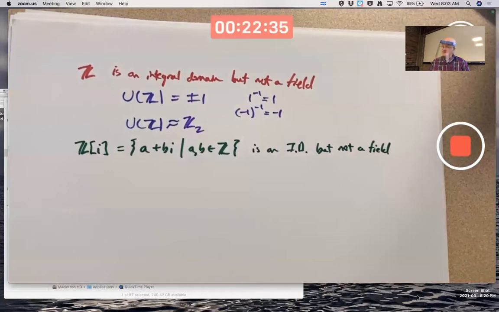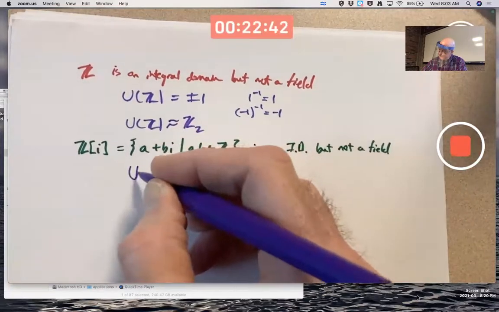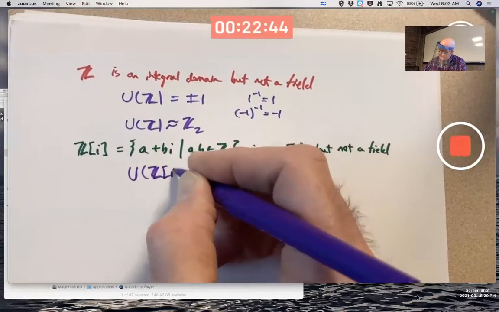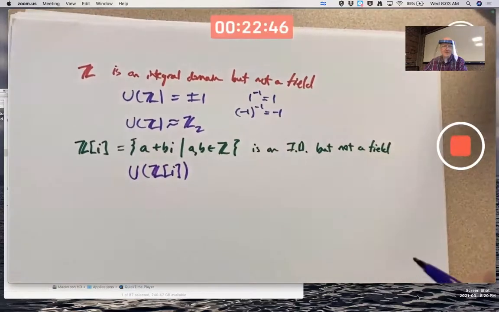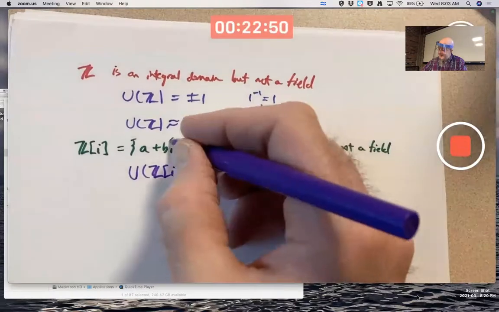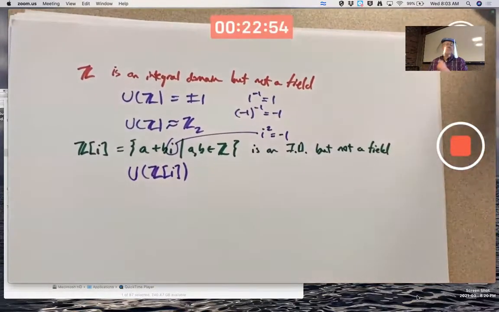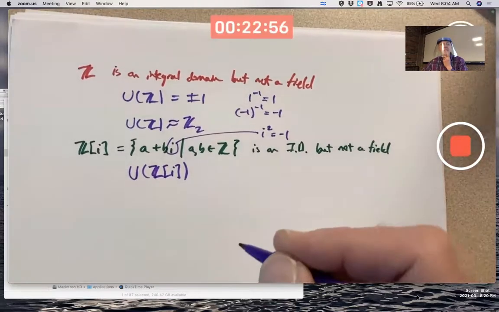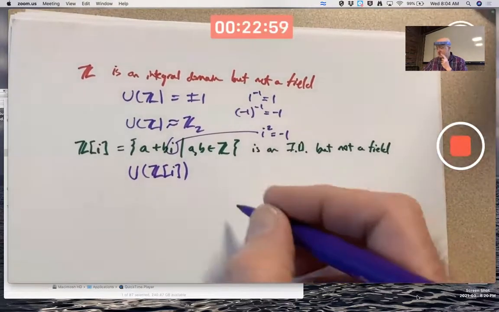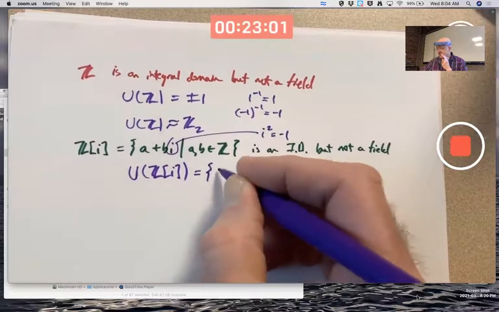What's its group of units? What are the elements in here that are all complex numbers? Again, i is the imaginary unit, i squared is -1. What are the ones that have multiplicative inverses? Well, certainly 1 and -1 still do.